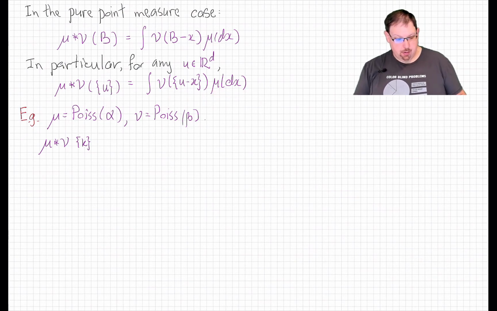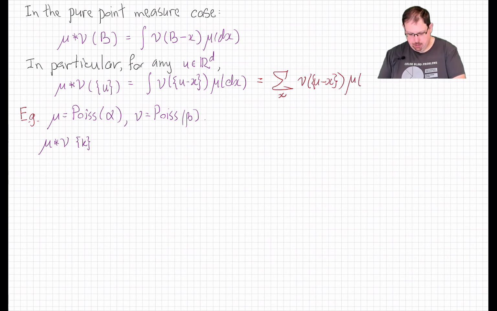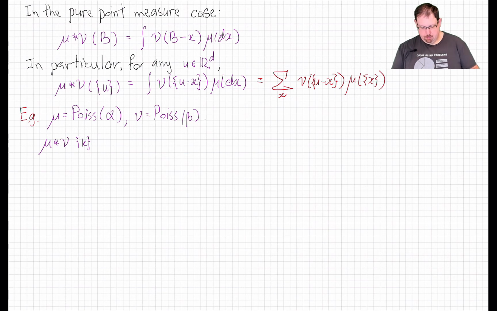Now mu is a discrete measure, so integrating against it is just doing a sum, which is at most countable, but as usual we write it as the sum over all x of nu of u minus x singleton mu of x.